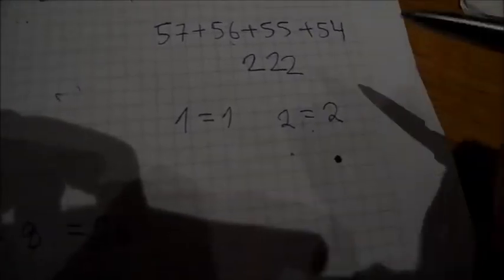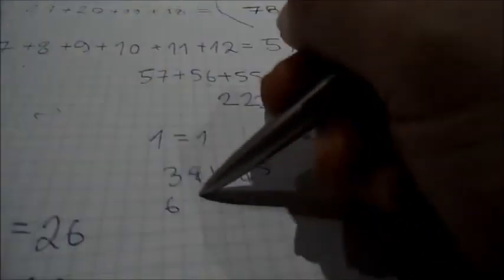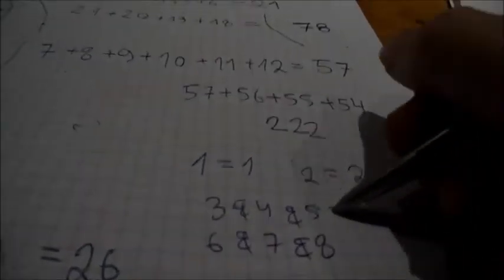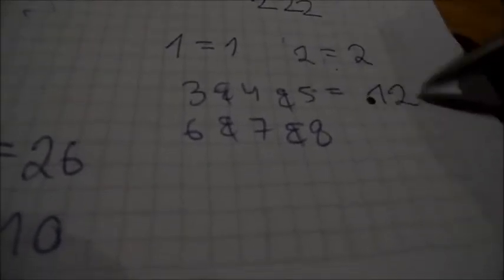So there's another way of saying 3 in my perception, and this is 3 and 4 and 5 and 6 and 7 and 8. So 3, 4 and 5 wind up as 12, while 6, 7 and 8 are 21. So we got that pattern as well. It's the same as saying this.